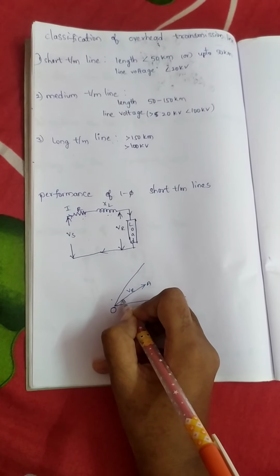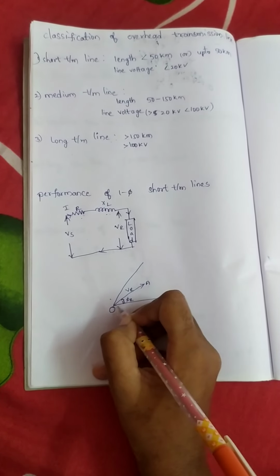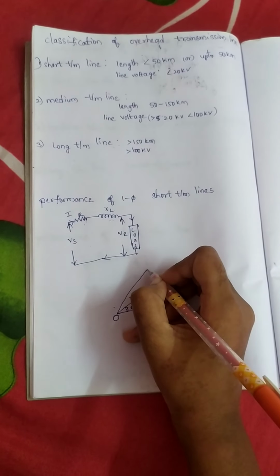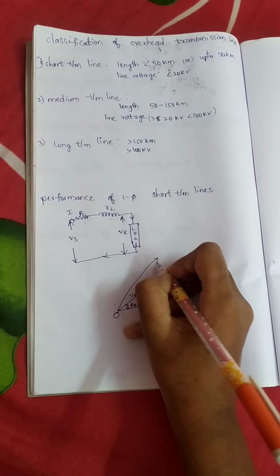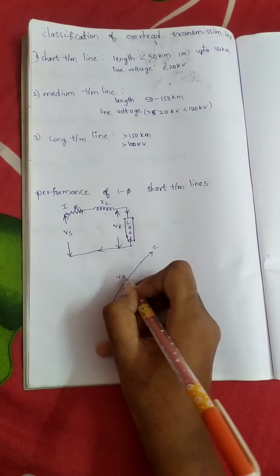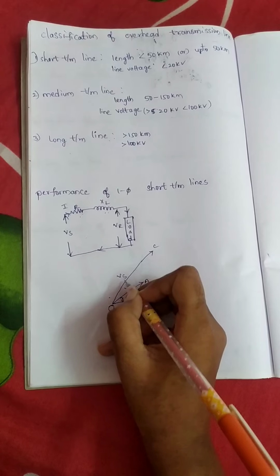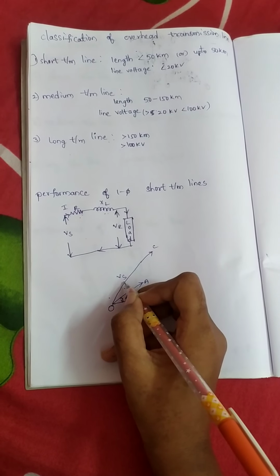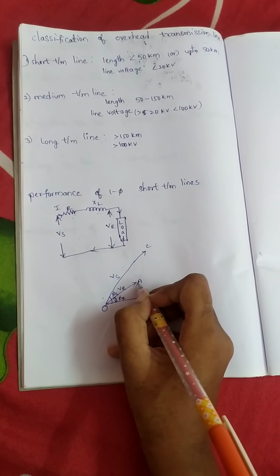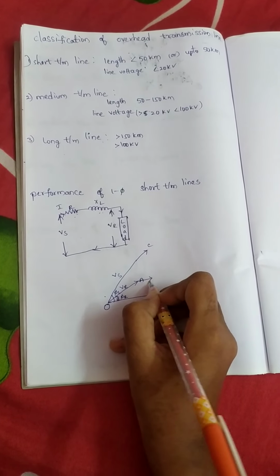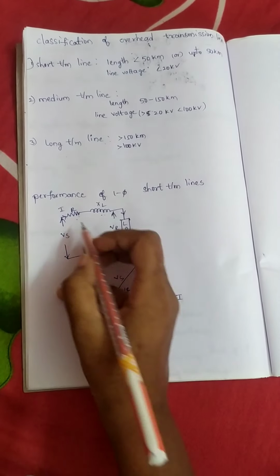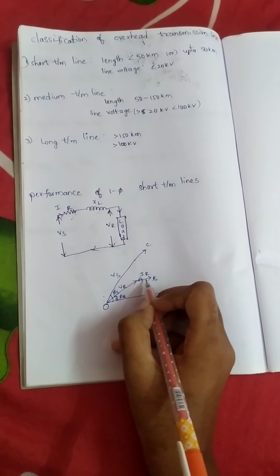So here φr is presented, and this OC represents Vs, the sending end voltage, and the sending end voltage leads the current by the angle φs, and AB will represent the IR. Due to resistance drop, the IR is represented here.